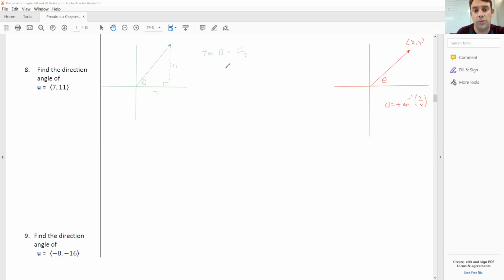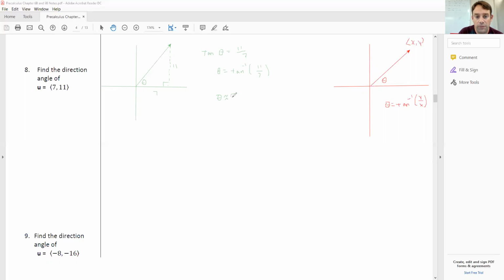I just realized when I did this earlier, I did it backwards. I did 7/11. I'll have to fix this. All right, so the inverse tangent of 11 divided by 7, which would be, oh, let's see here, inverse tangent, 11 divided by 7.